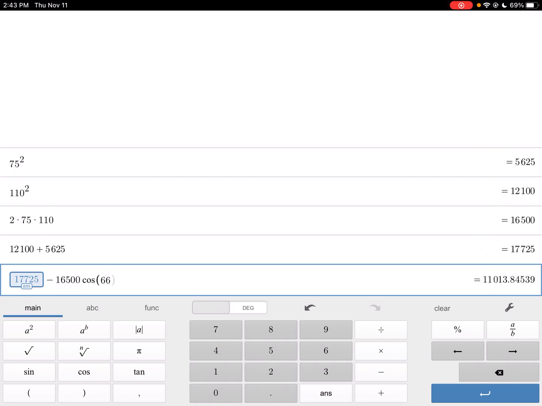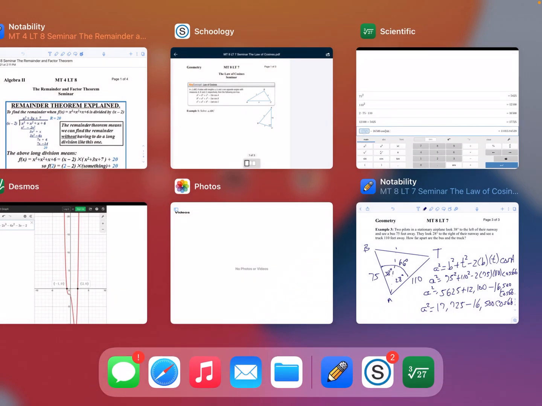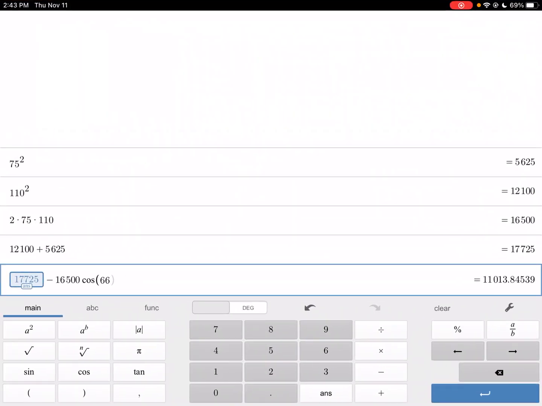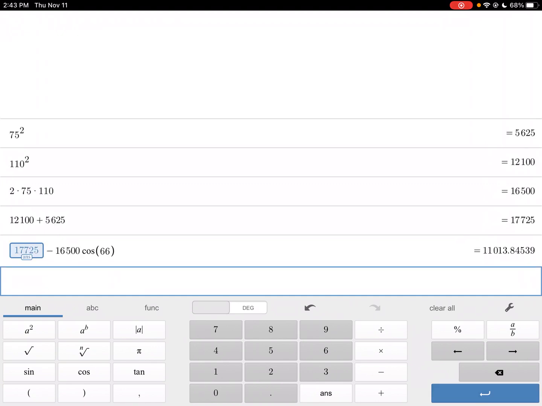I'm going to go back to my problem just to make sure. Yeah, times cosine of 66. So notice we get kind of a big answer here, don't we? Because it's a squared, so I get a squared is about 11,013.8.